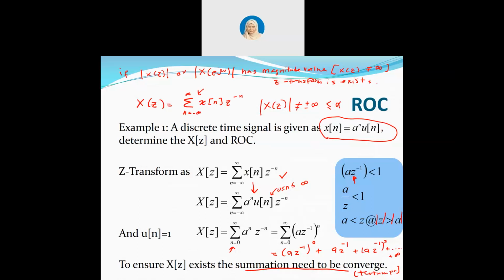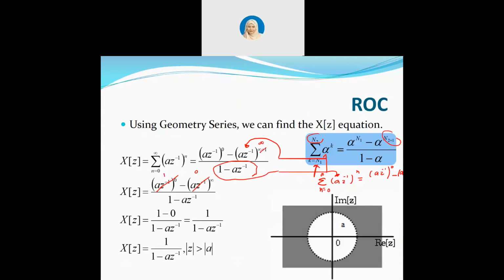Then it will converge. So a z^(-1) must be smaller than 1; we need to set that. Now we know that X(z) equals 1 over 1 minus a z^(-1).